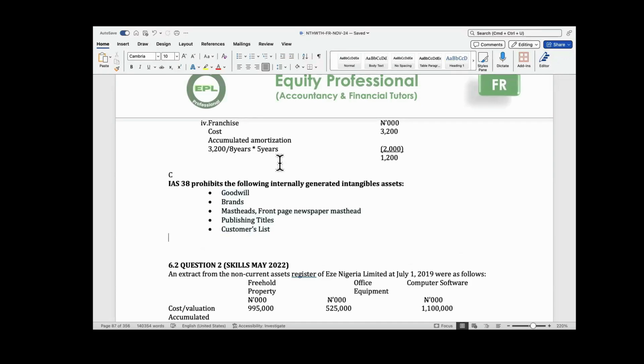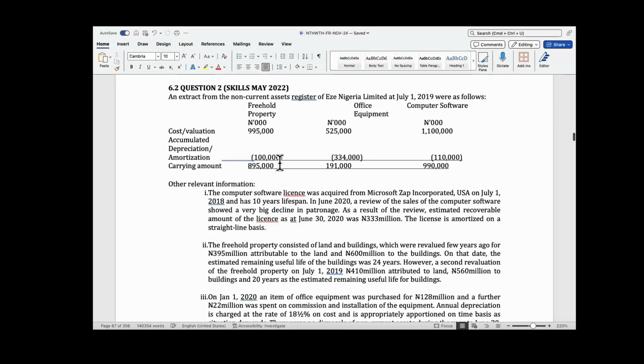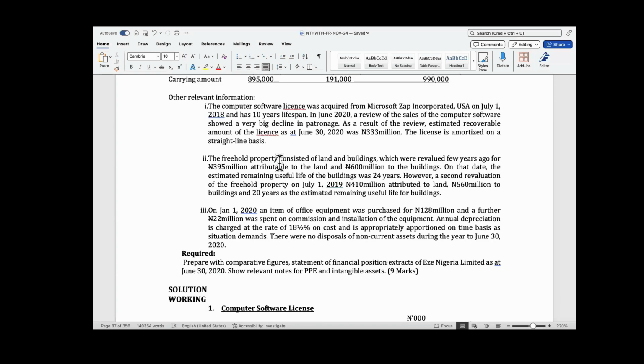Okay, now let's solve a more advanced question. This was an extract of a question in May 2022. And if I'm reading questions in the exam, I've told you before, start with the requirement of that question.